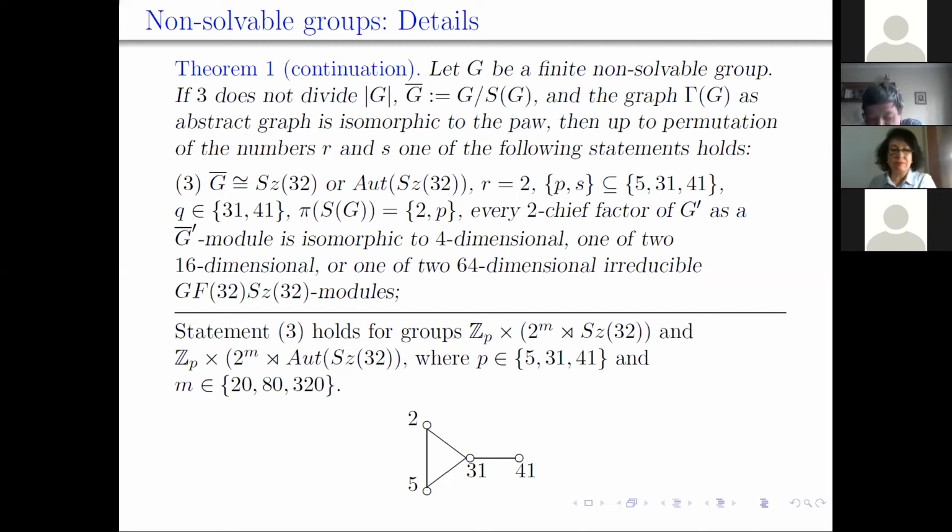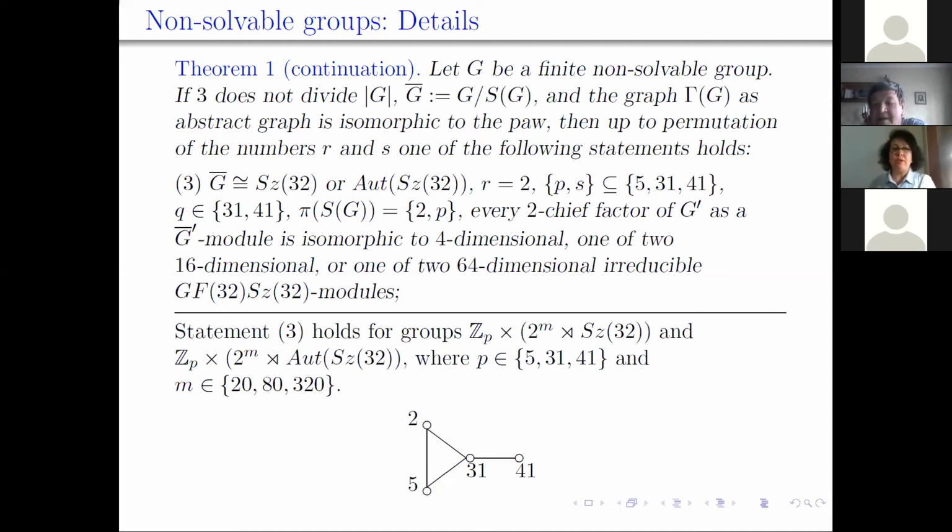But this graph is very interesting, and working with a Gruenberg-Kegel graph of such type is hard, because the general theorem of Vasiliev in this case does not work.